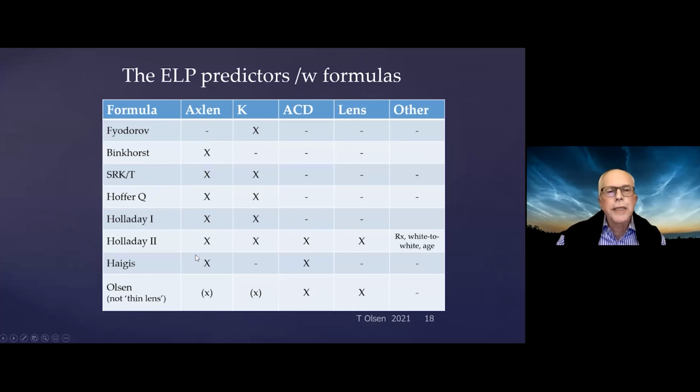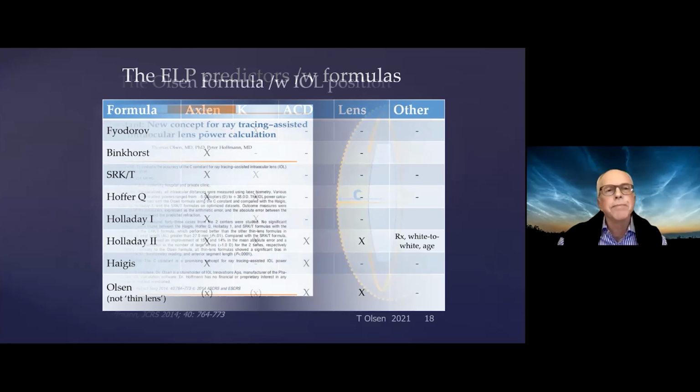And if you go down the list, you get to a formula that doesn't use the K for the ELP prediction. And that's very important if you talk about the post-LASIK cases, for instance. And of course, as Doc always mentioned, the Holladay 2 uses additional parameters like the refraction, white to white, gender, age, and many others maybe.